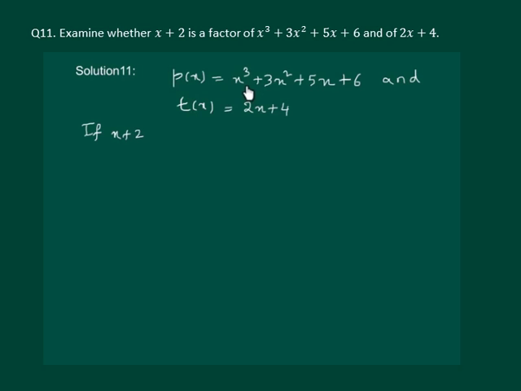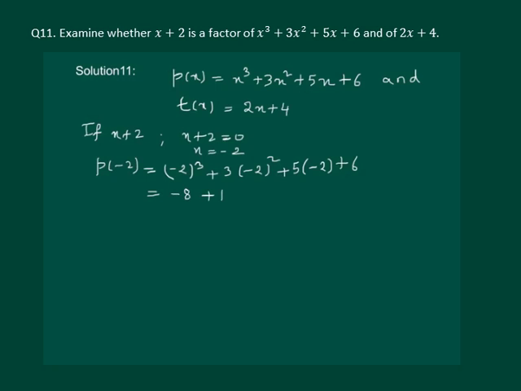So let us use the remainder theorem or directly the factor theorem and substitute x equal to -2 in p(x), and we get -8 plus 12 minus 10 plus 6, which is equal to 0.